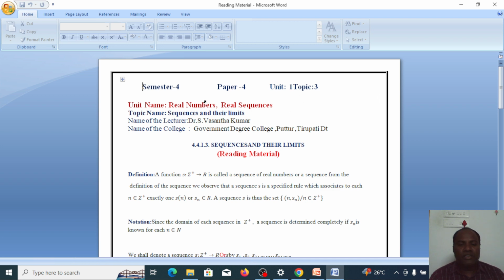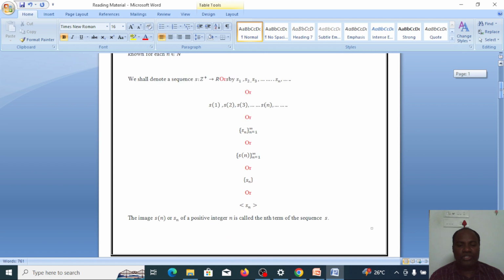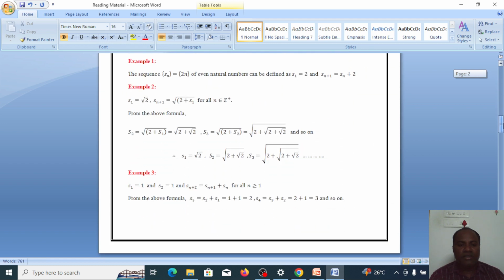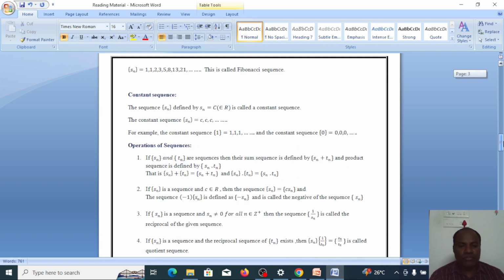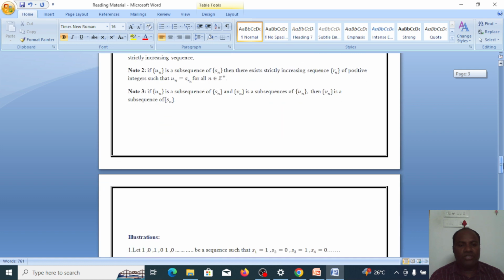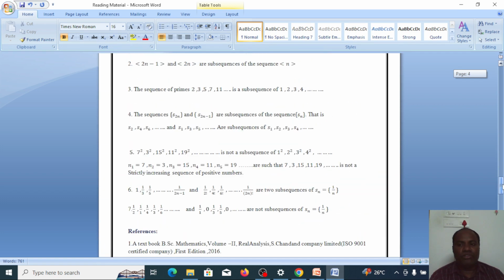You see here, semester 4, paper 4, unit 1 and topic 3, real numbers, real sequences. These are very useful to you. Definitions and notations are there, and also some methods of defining sequences, types of sequences, operations of sequences, definitions of subsequence, and also some illustrations are given here. The reference book is also given. This is very useful to you.